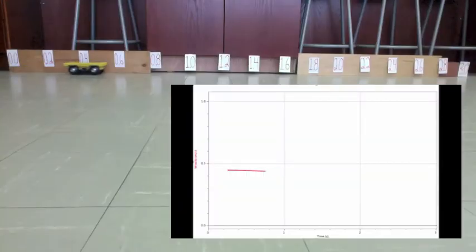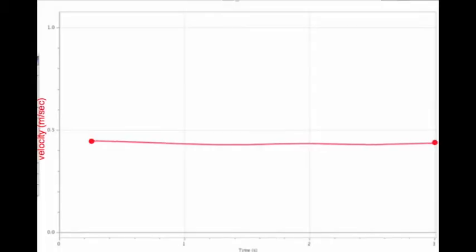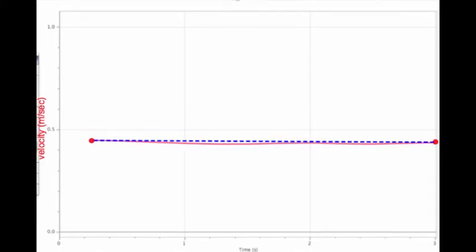This time, the motion detector was set to graph velocity versus time. Let's analyze this line. We pick 2 points. A line between them shows it's more of a flat horizontal line. The first point is 0.25, 0.45. The second point is 3.0, 0.44.